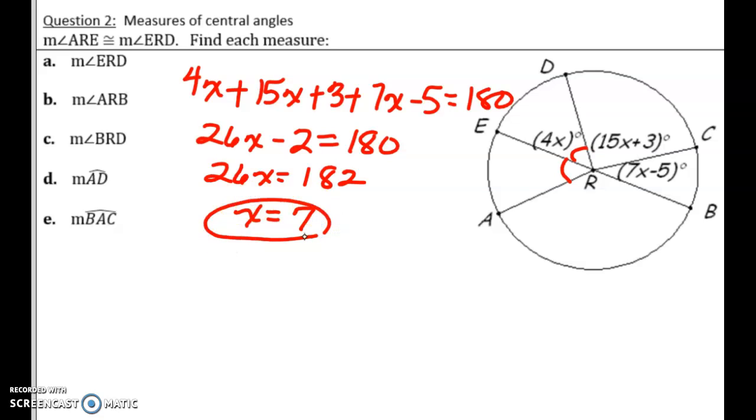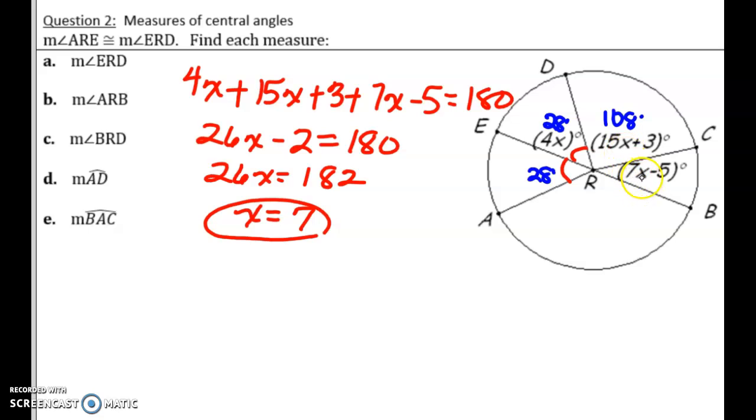All right, and now that's super helpful, so I can figure a few things out. This angle would be 4 times 7, so this angle is going to be 28. This was identical, they were congruent earlier, so this would also be 28. 15 times 7 plus 3 is 105 plus 3, 108, I think.